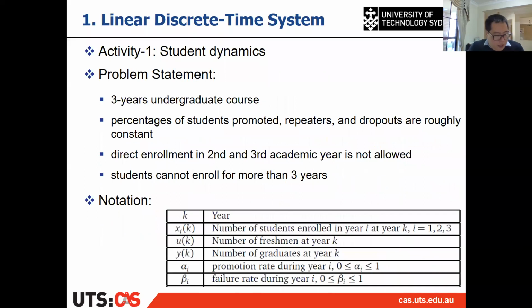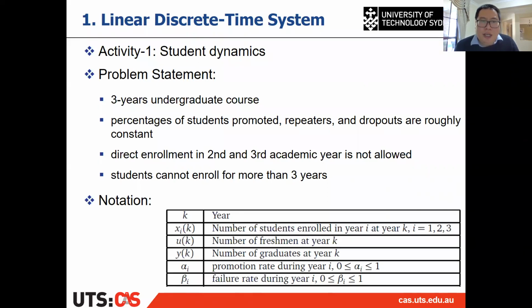Then there is your first activity. Your first activity is about formulating a linear discrete time system from a real case. All right. So activity 1 is about student dynamics. Suppose there is a 3 years undergraduate course.